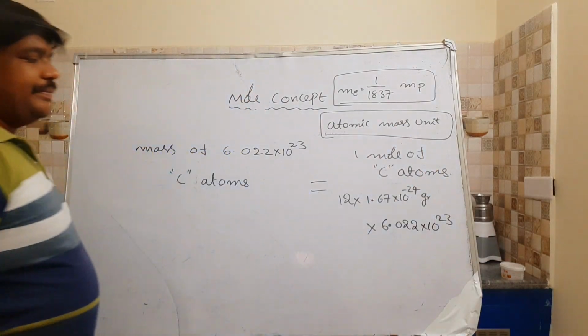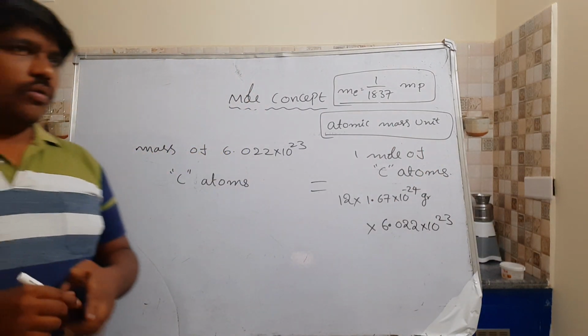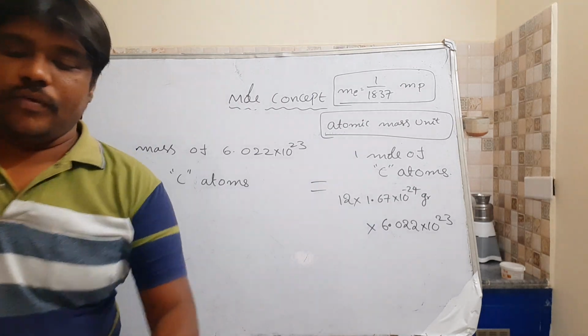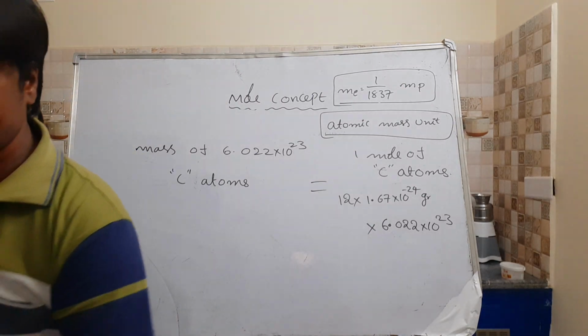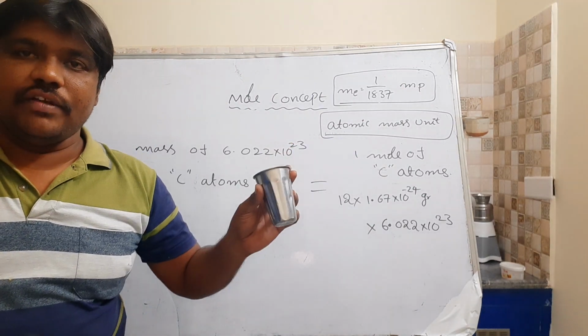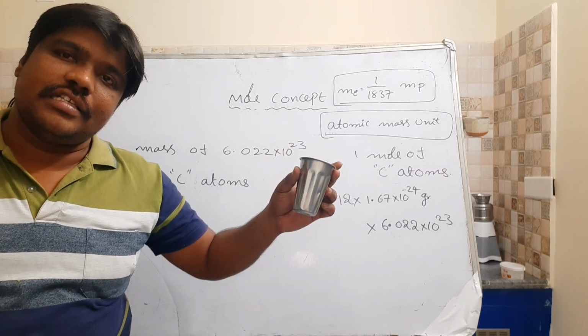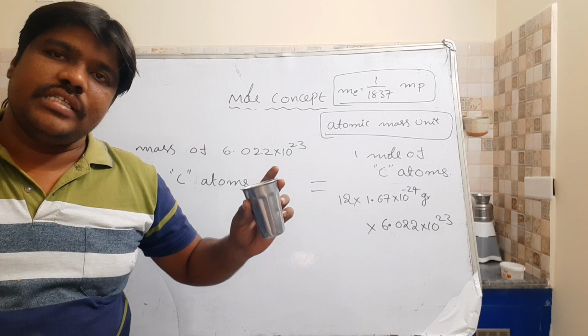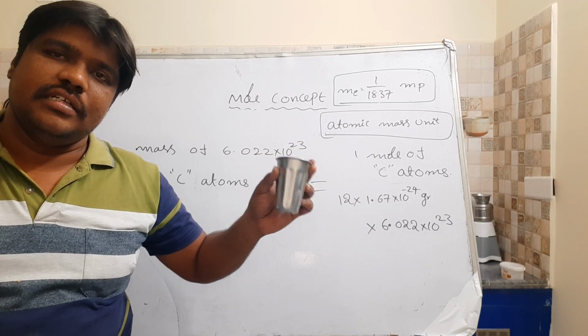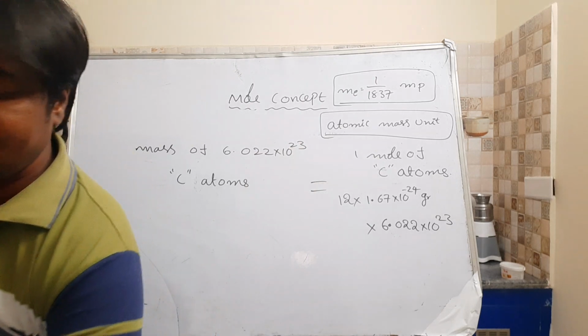That's it. So, the weight of one glass is 10 grams. Here this is a glass, right? Then what is the weight of 100 glasses? 10 into 100. Just like that.